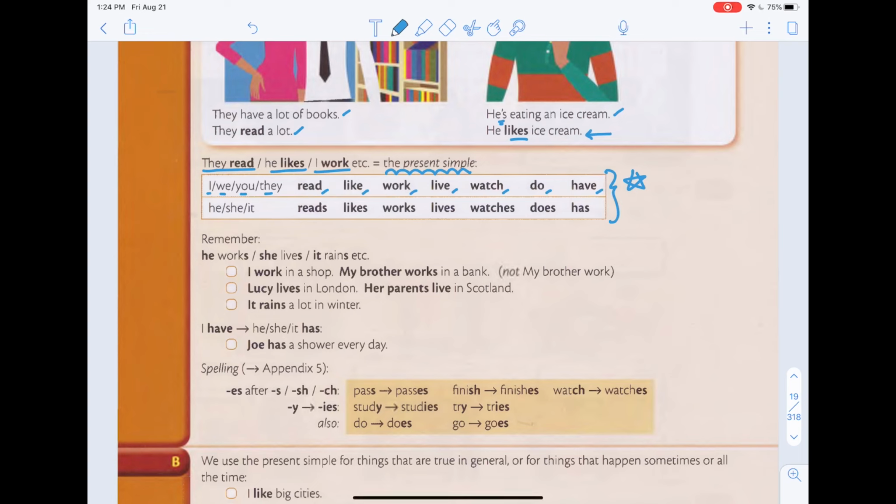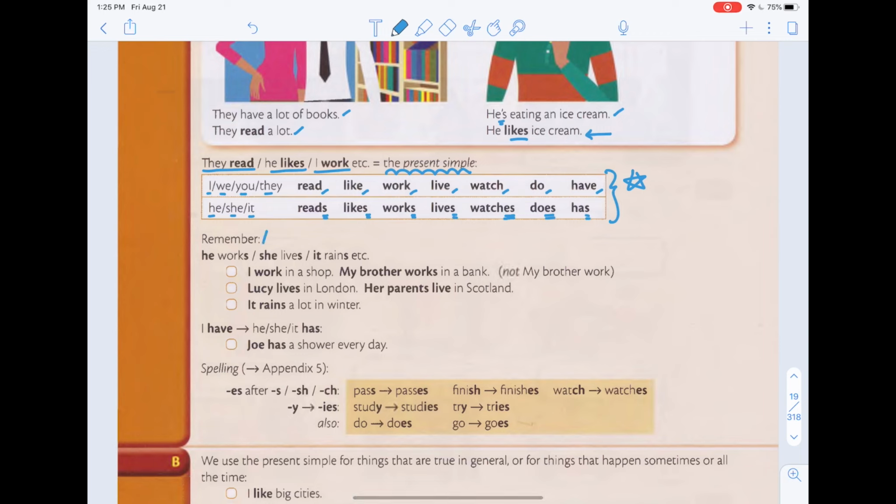If you're talking about he, she, or it, then you have to add s to the words. So it will become reads, likes, works, lives, watches, does, has. Alright, so remember that if you're using he, she, or it, you need to add s or es or ies to the word. And if you're using I, we, you, or they, you don't need to add anything.